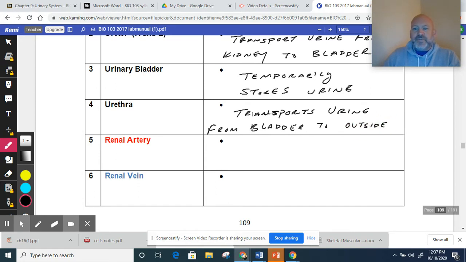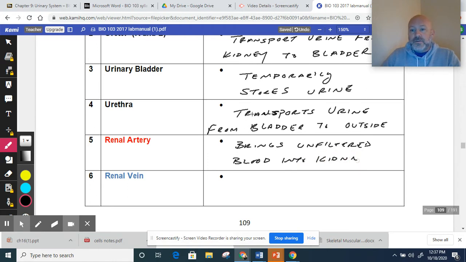We do have a couple blood vessels. The renal artery brings unfiltered blood into the kidneys. Oh, my handwriting is not so great today.